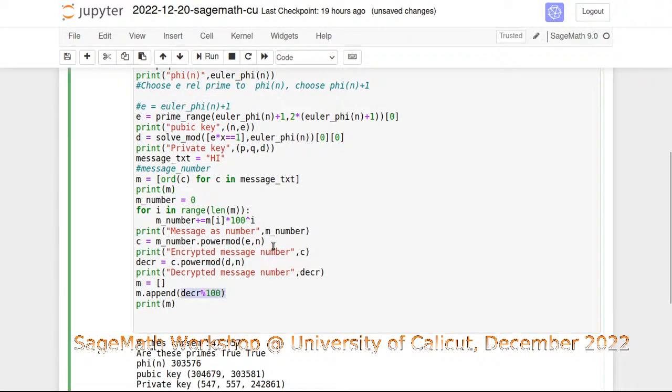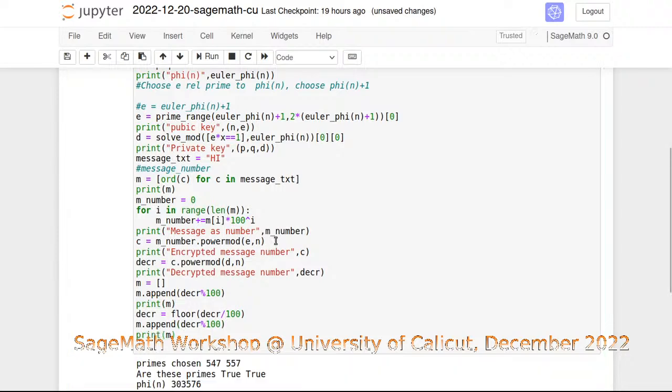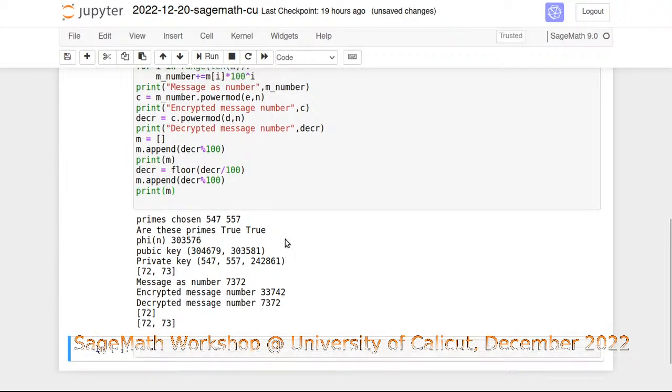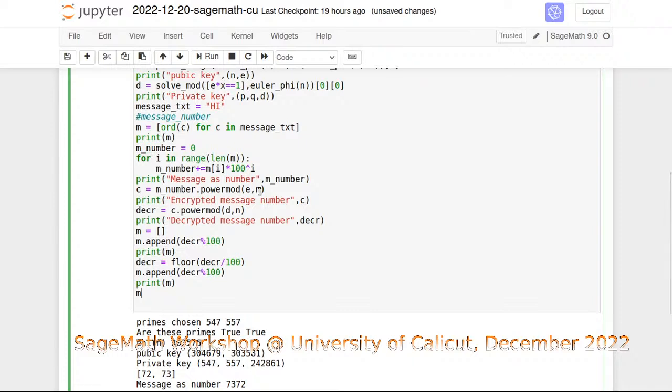But before that, let us divide, equal to floor of, by 100. So how much we will get? We will get 73 point something. After that, again the same thing. So we got 72 and 73. What was the original message? 72 and 73.